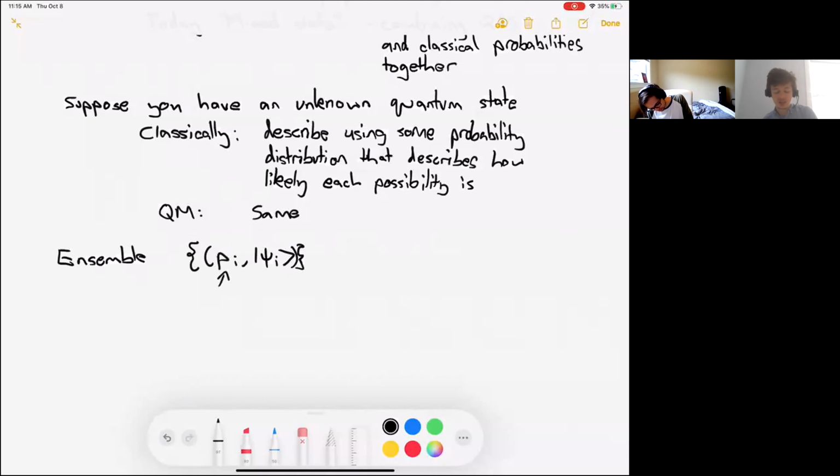These are probabilities, which just means that they're all positive numbers, and the sum over p_i is equal to 1. And these psi_i's are literally just normalized quantum states.